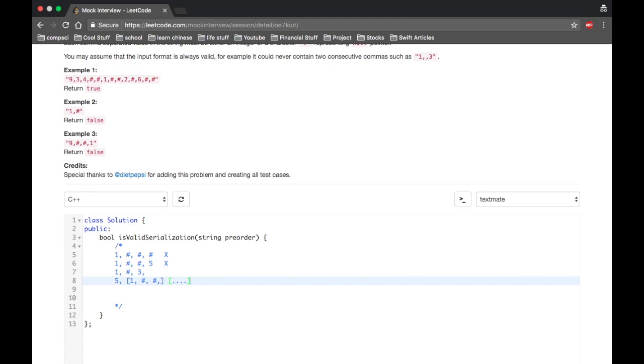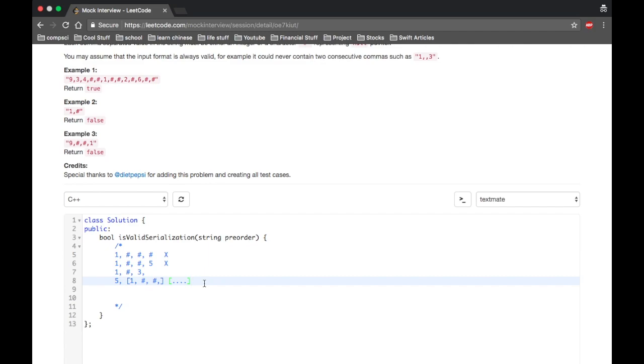Meaning if I had like a binary tree that was like a height of 20, I wouldn't have to care about all the different nodes above the level I'm worrying about.